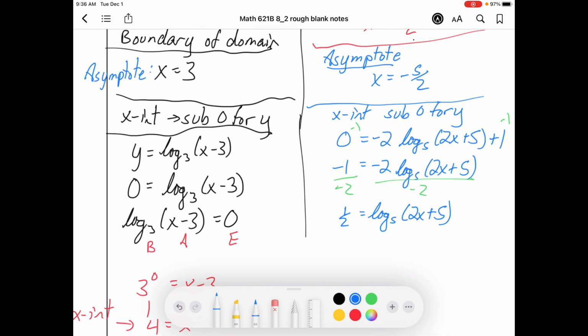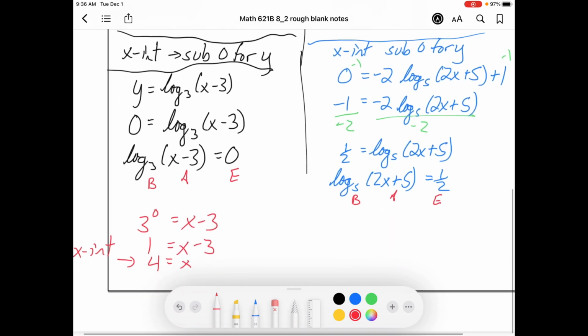At this point, I've got my log term isolated. Maybe I'll just rewrite it the other way around so that I can think about bay more easily, or switching forms. There's the base, the answer, the exponent, and I'll start to work that through.